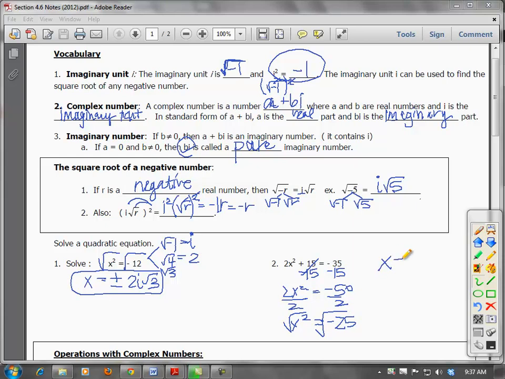So I get plus or minus, and I'm going to break apart my square root: the square root of negative 1 and the square root of 25. Well, the square root of 25 is just 5, and the square root of negative 1 is just i. So I have plus or minus 5i. Okay? I still get 2 answers because I'm dealing with x squared. In this case, though, I'm just looking at it a little differently because I'm adding an i into the answer.